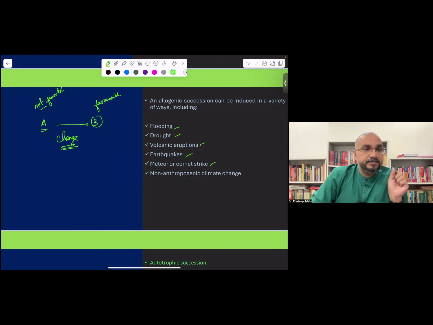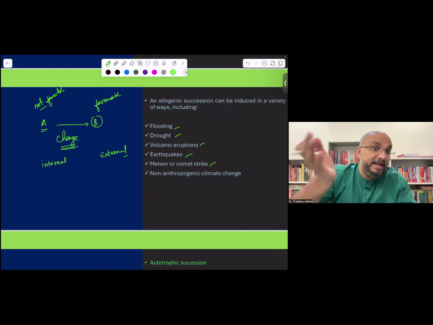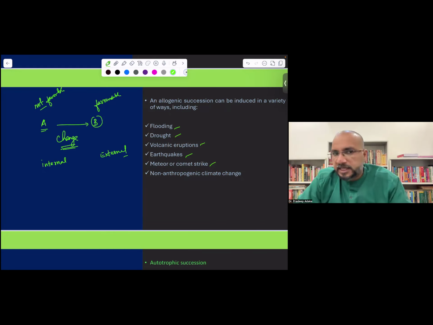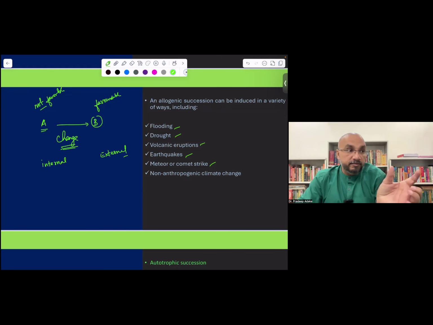ये जो चेंज आया है ना, either this is because of internal factors or it is because of external factors. तो सक्सेशन तभी होगा ना, so one other species will occupy the area. सो अगर बी के लिए ज्यादा फेवरेबल हो गया है तो बी will occupy, A will be replaced. So जो एक ऑर्गेनिज्म के लिए अनफेवरेबल है और दूसरे ऑर्गेनिज्म के लिए फेवरेबल है, from unfavorable to favorable, the change whether it is brought by the internal factors, yani organisms which are growing, they are themselves responsible for the change, then it is autogenic succession.